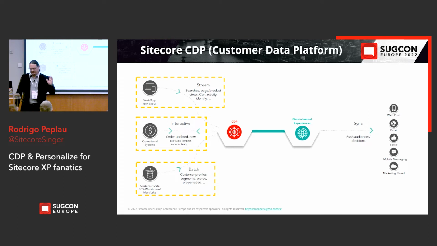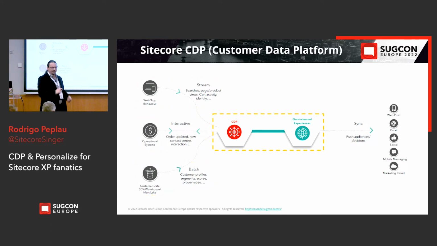So this chart here is to describe a little about how the CDP, Customer Data Platform, works. On the left here, you have the three ways to get information into the CDP and out from the CDP. I will speak briefly now, but later more details. You have the Stream API, Interactive API, and the Batch API.